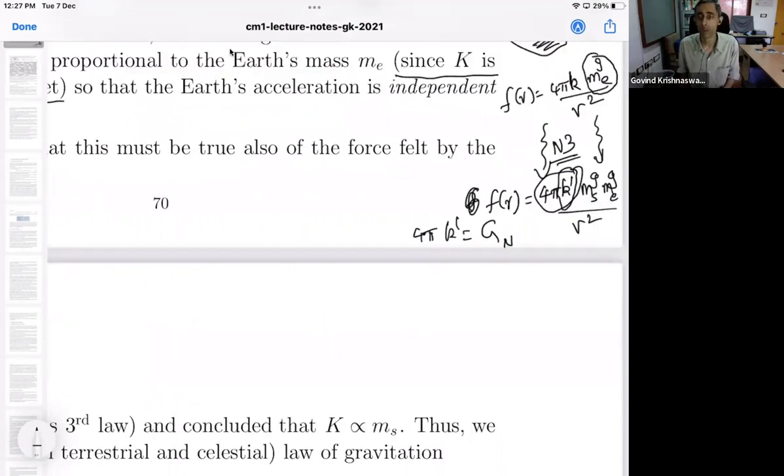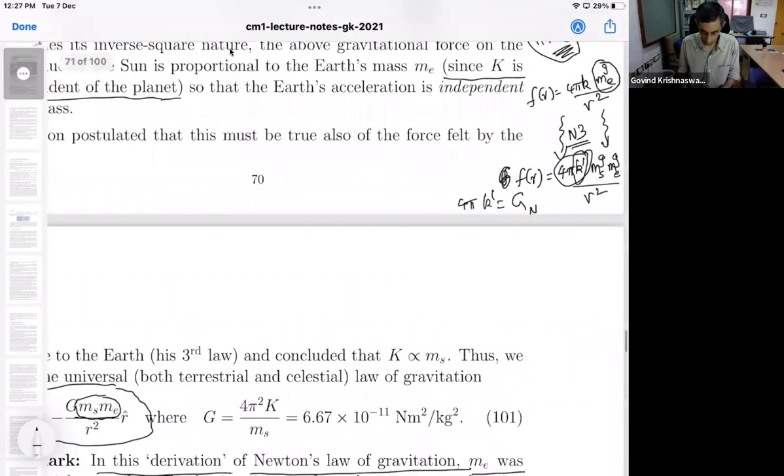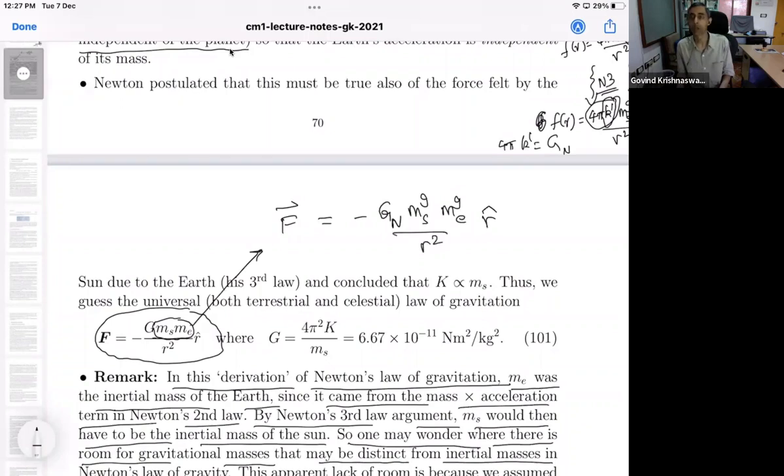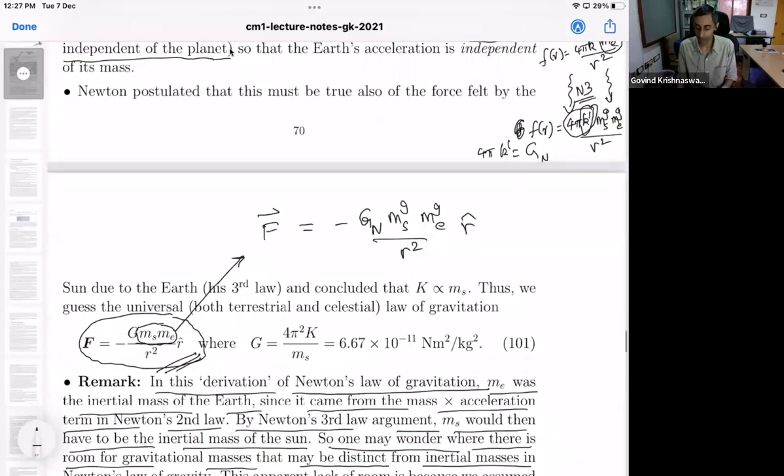That is how we come to Newton's law of gravitation, where the force is equal to minus G Newton times M_S gravitational times M_Earth gravitational over r squared r hat. What I wrote previously was a short notation suppressing important features, so no wonder I confused you. So this is really Newton's law of gravitation. Nothing else can be accepted.